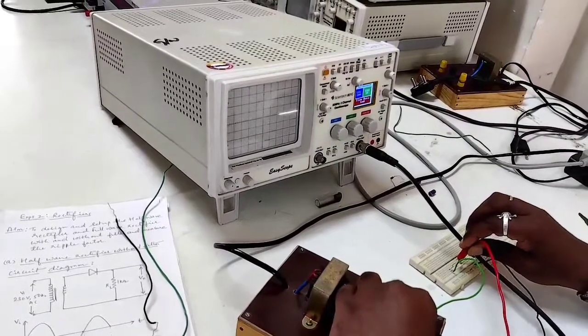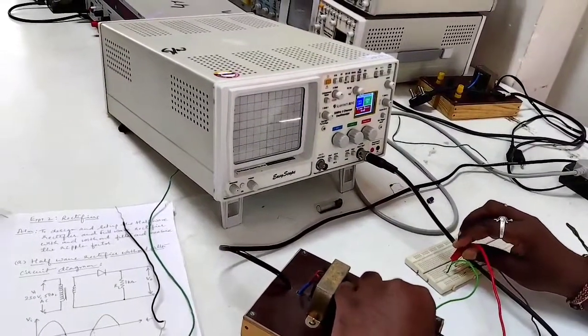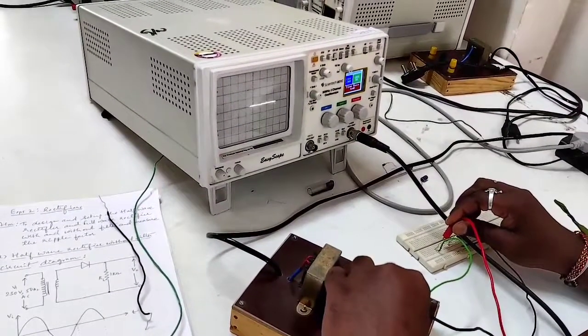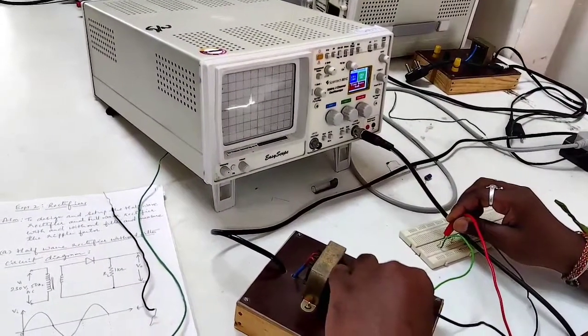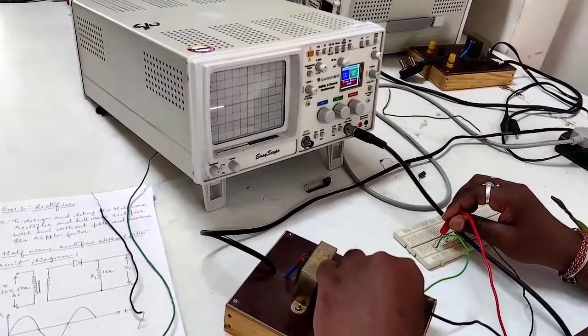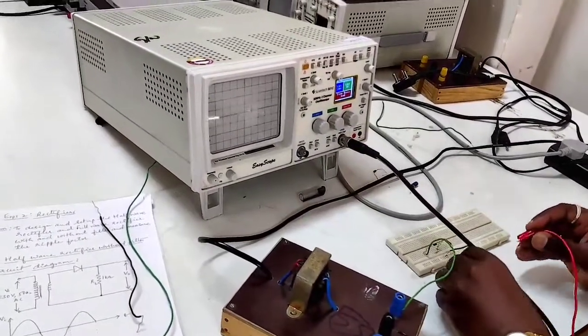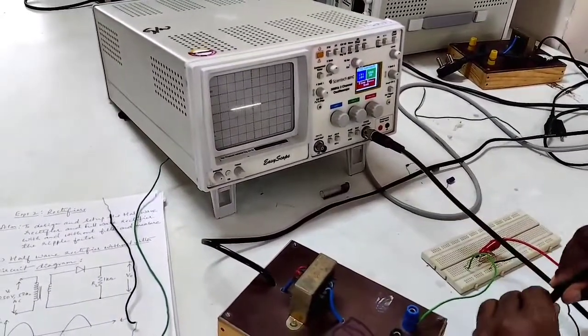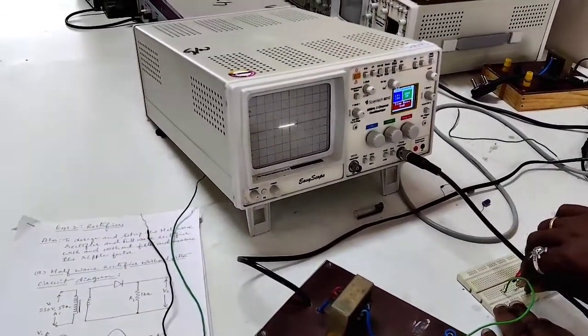At the input side you are going to get a sine wave. You connect it here, so your output will be visible here across the load.